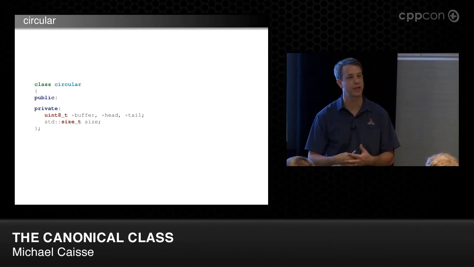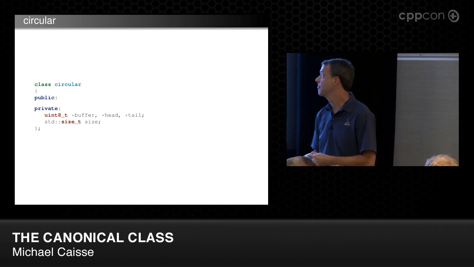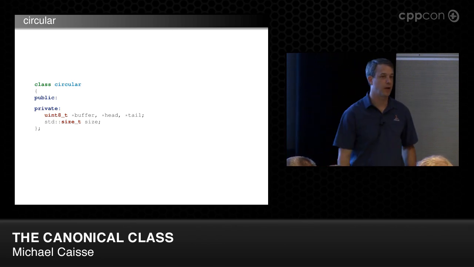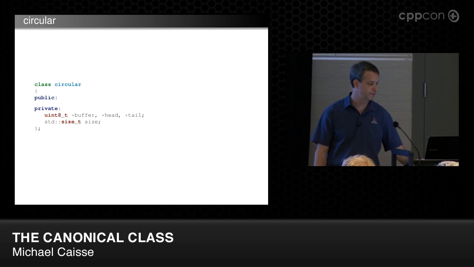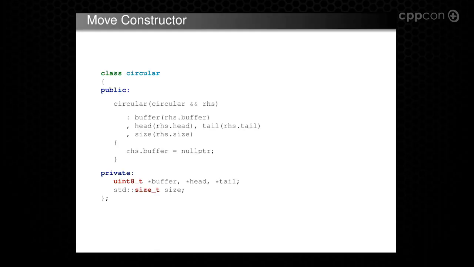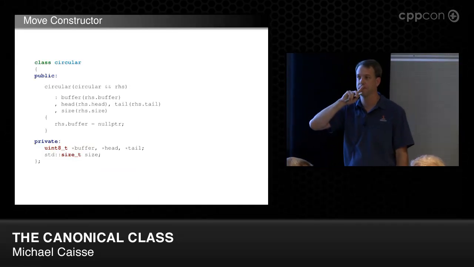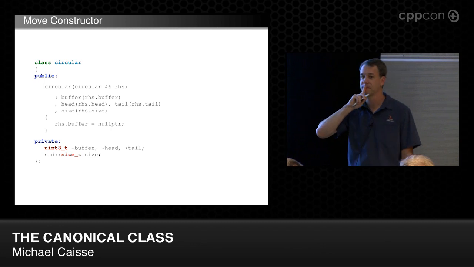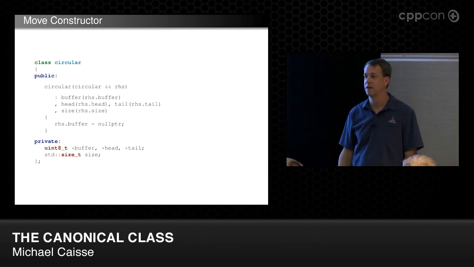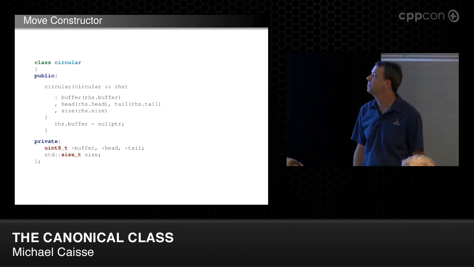And in doing the transfer of the ownership, I heard we can do a shallow copy, was one suggestion. It would be nice if I did something, though, perhaps with the thing that I'm copying out of, and so I'm just going to set it to null pointer.